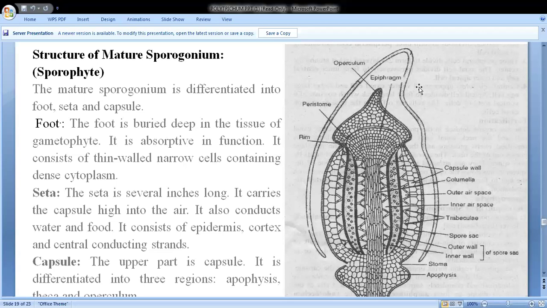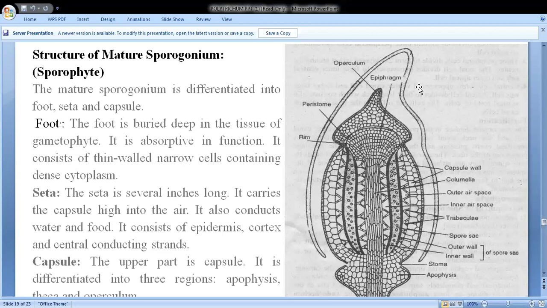The capsule is quadrangular in shape and consists of three important parts: apophysis, theca, and operculum. So remember this. In Marchantia and Anthoceros, these parts are not there in the sporophyte. But in Polytrichum, in the capsule, three parts are there: apophysis, theca, and operculum.